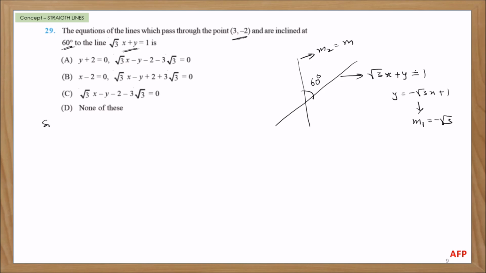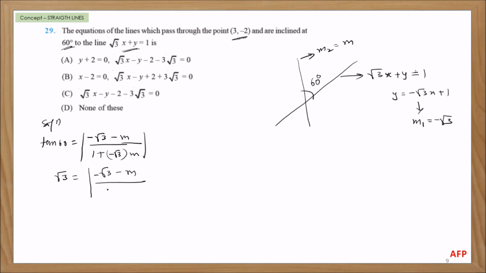So solution. tan 60 degrees is equal to modulus of (m2 minus m1) divided by (1 plus m1 m2). tan 60 is root 3 we are having. So we cannot eliminate the modulus, so root 3 is equal to (m plus root 3) divided by (1 minus root 3 m).